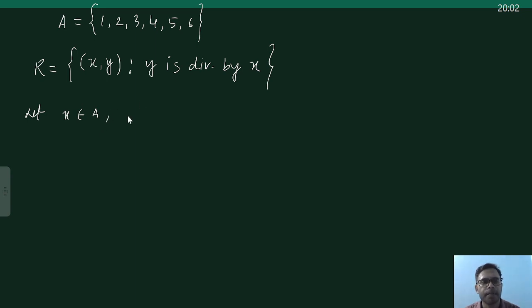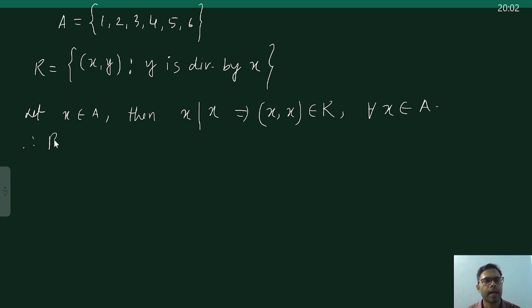Then it is always possible that x is a divisor of x. x is divisible by x. So, following that language, this implies the corresponding ordered pair (x, x) belongs to R. This is for all x belonging to the set A. Therefore R is reflexive.